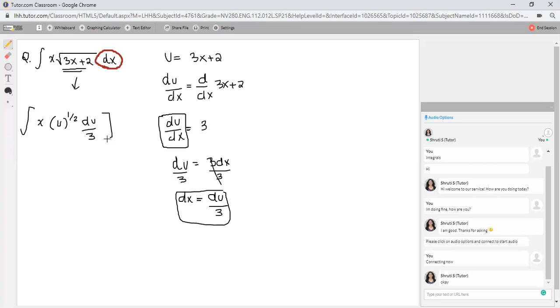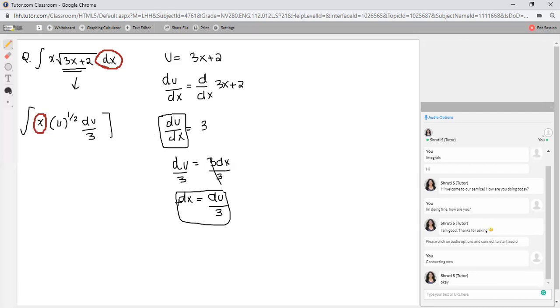That's actually my question, because x is not a constant, so I cannot take it out. Yes, x is a function of u. Everything has to be in terms of u only, then only we can integrate it with respect to u. So how can you write this x also in terms of u now?